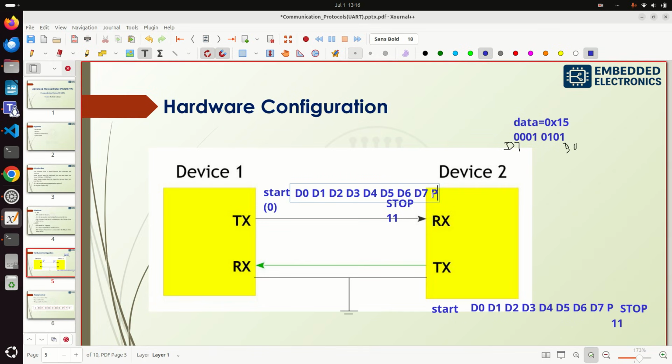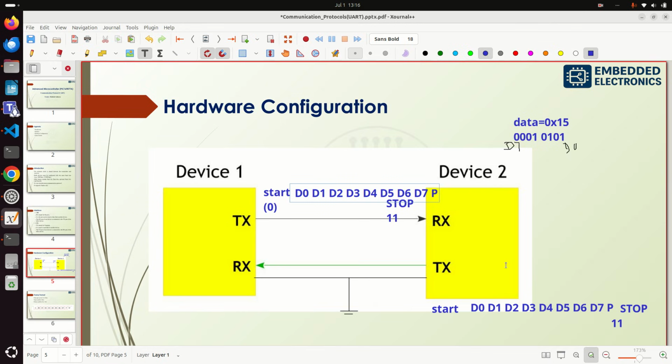How does device 2 use the parity bit for data integrity on arrival of data? On arrival of data, the way the transmitter calculates the parity bit, the receiver also calculates the parity bit in the same way.